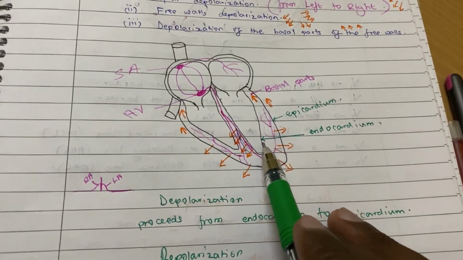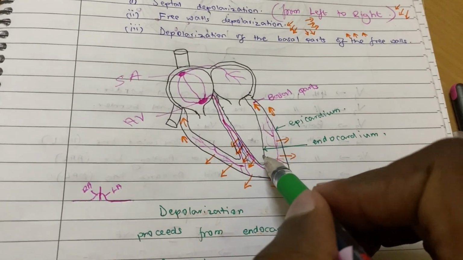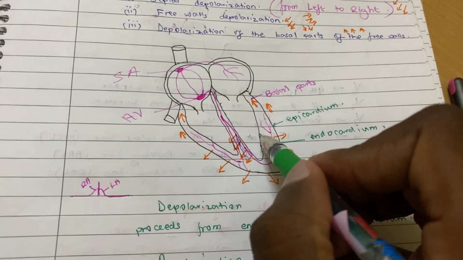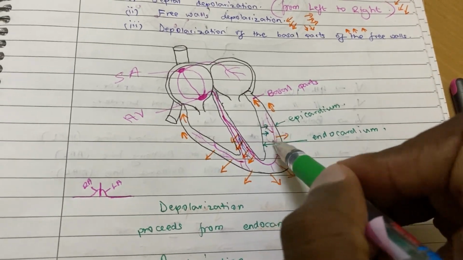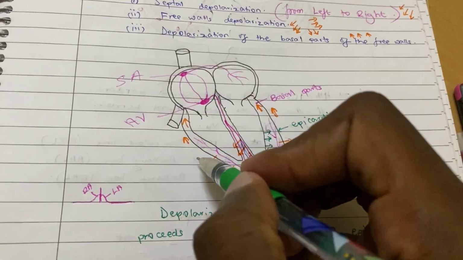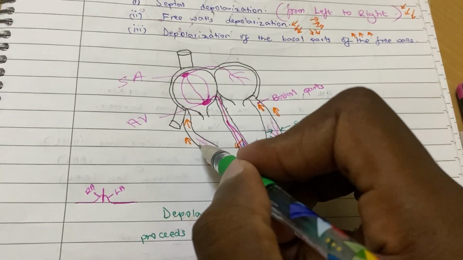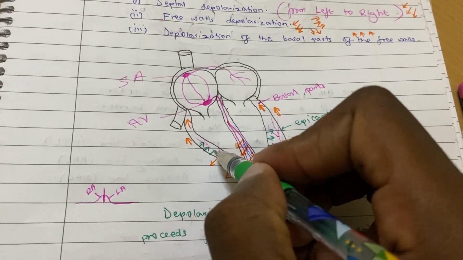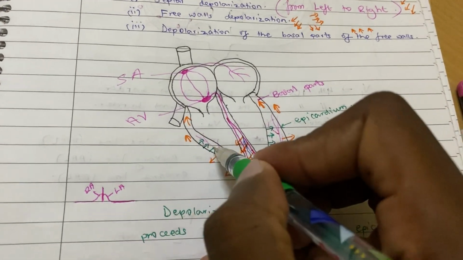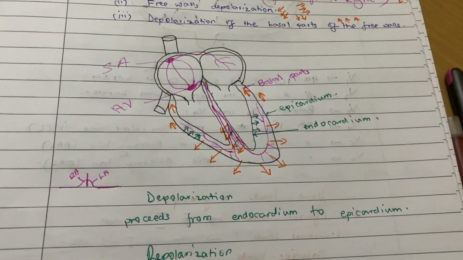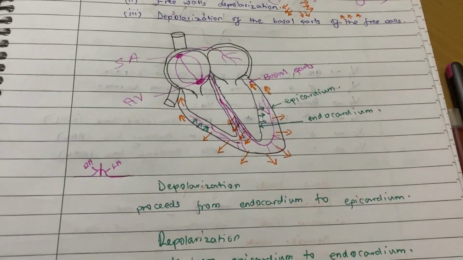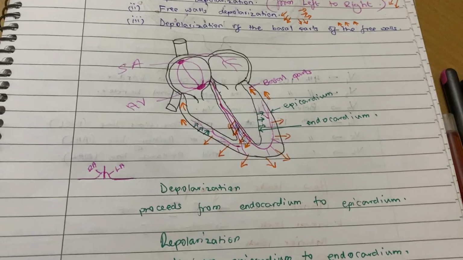So depolarization happens in this direction, going outward. This is depolarization, but repolarization is in this direction. Why? Again, it's because of the difference in the action potentials.